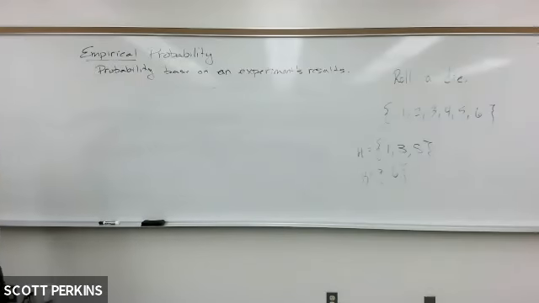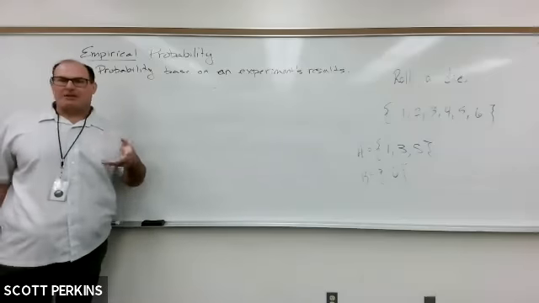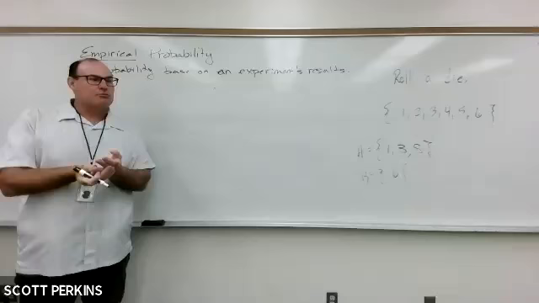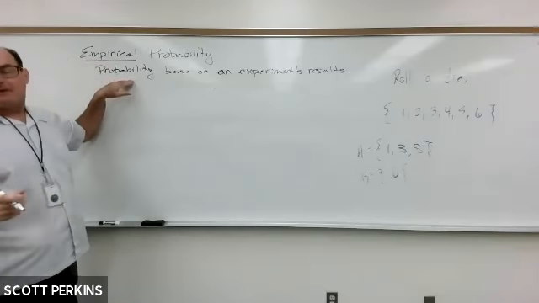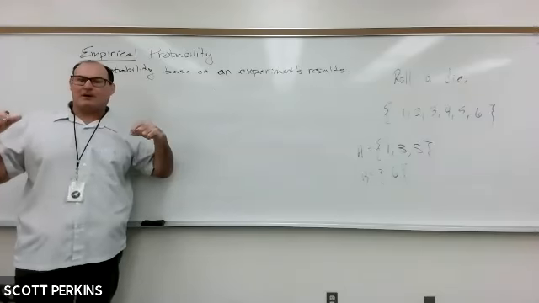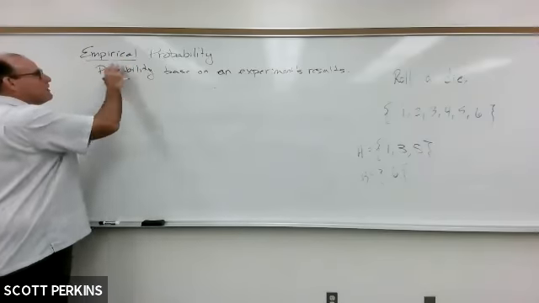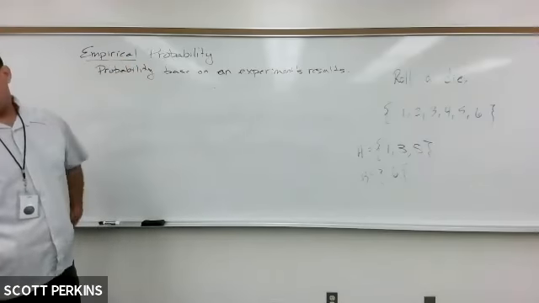So empirical probability is probability based on an experiment's results. Okay, so you've actually done something and you're looking at those results. And so when you calculate empirical probability, what you're calculating is the probability of the next event.